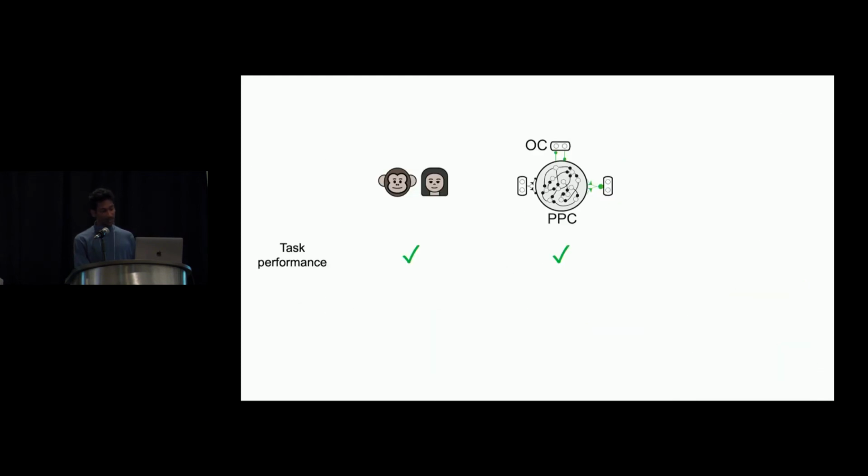So what I've shown you is that we picked a task that's naturalistic. Both humans and monkeys can do this task, and this strategy-inspired model can also do the task, and they both use this specific strategy where the beliefs are embodied in eye movements.